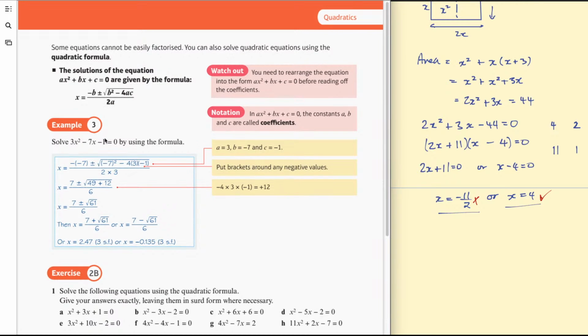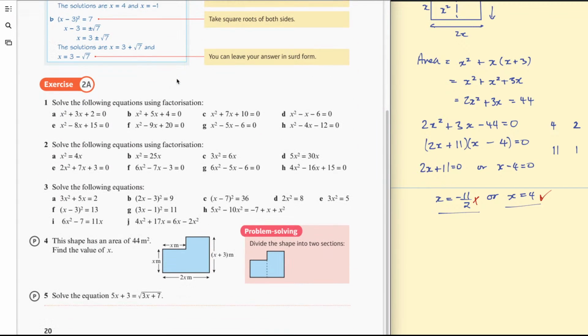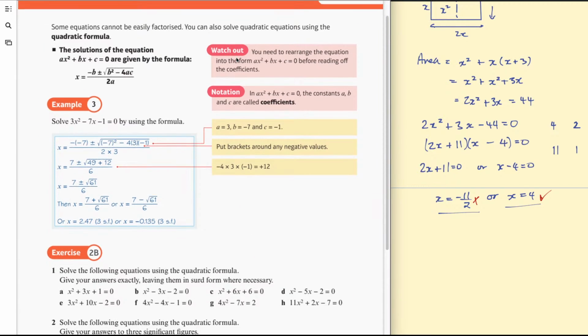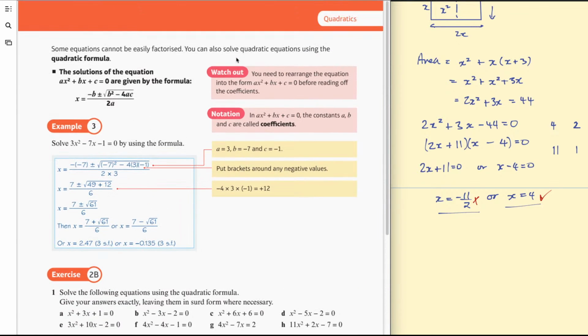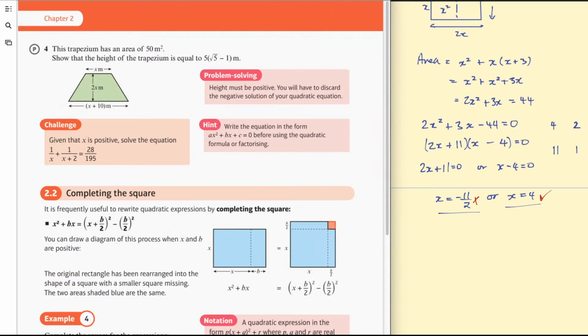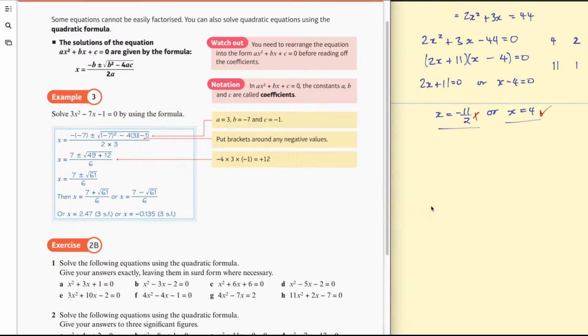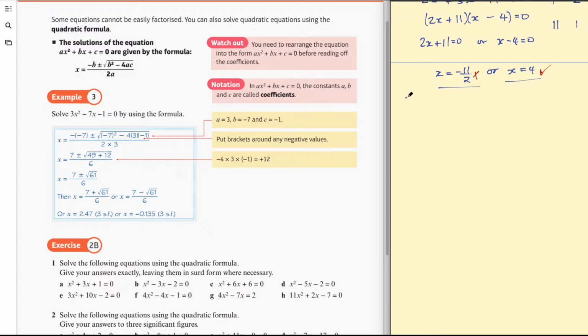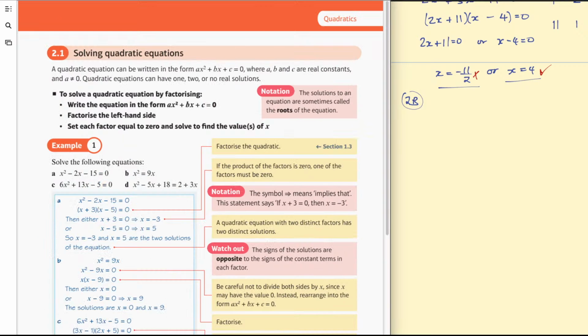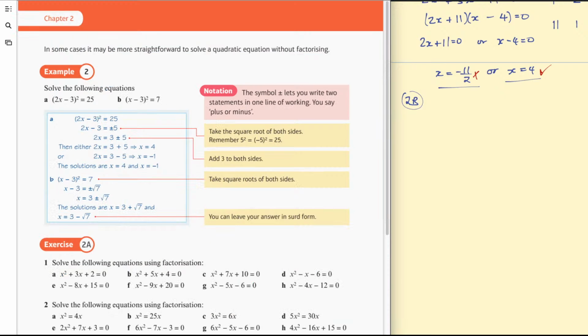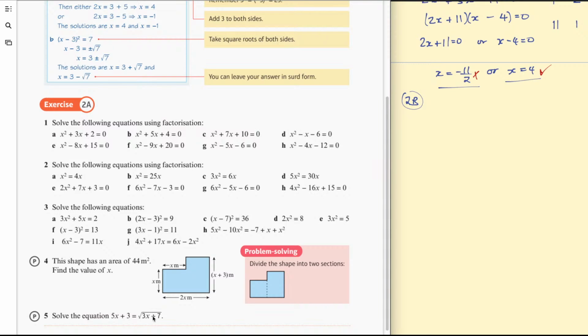Alright, we're on to using the quadratic formula. So exercise 2b. Office had an answer for the other question, I believe, for this one.